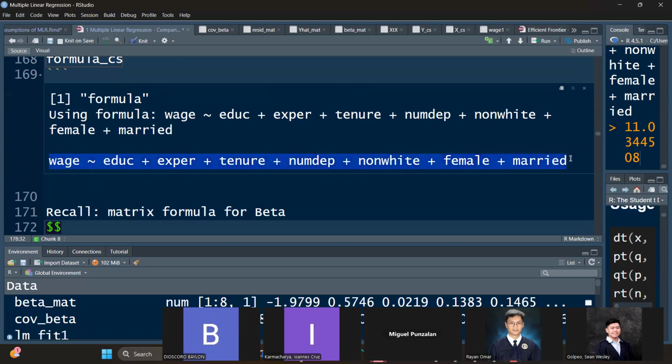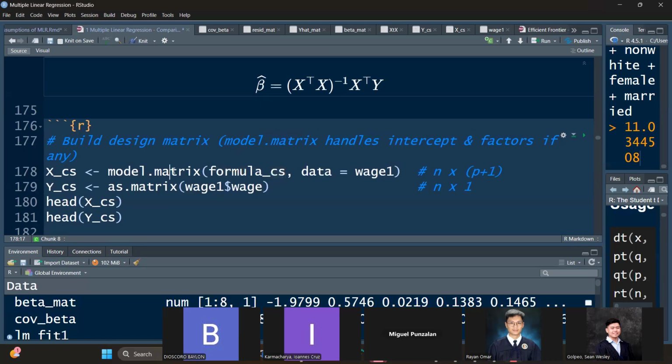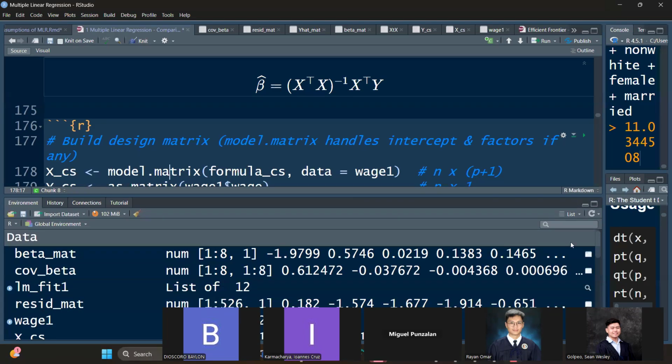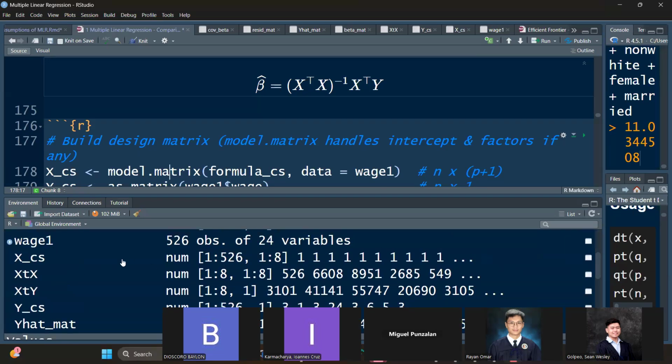So R will know that the X here are education, experience, tenure. It recognizes that this one is your dependent variable wage, and these are your independent variables. So model.matrix will give us the X matrix. Data is equal to wage.